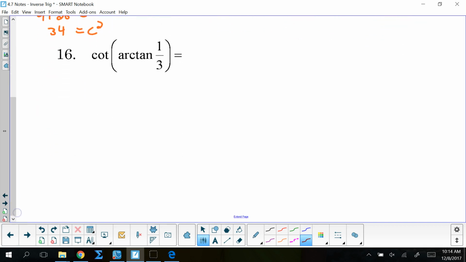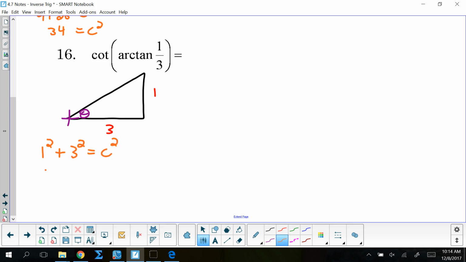Cotangent of the arctangent of 1/3. Arctangent is positive in quadrant number 1. Opposite side is 1. Adjacent side is 3. 1 squared plus 3 squared is c squared. That's the square root of 10. Okay?